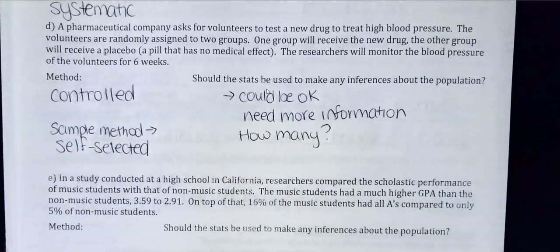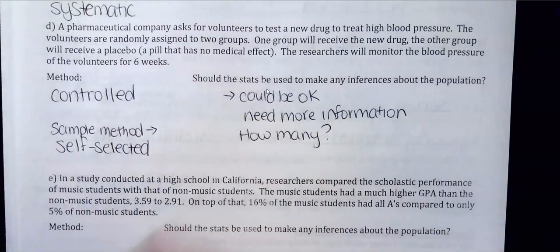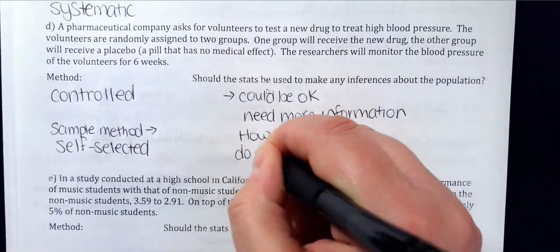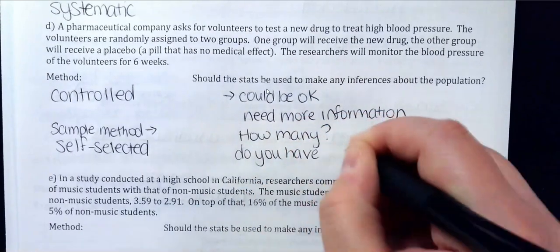What else might be something that you would want to look at if you were asking to see if a blood pressure medication would work? Like, what other factors might you want to know? Because they just tell us volunteers. They don't tell us anything. Yeah, like, are you giving this to somebody that has low blood pressure? That's probably not a good deal. Do these people have high blood pressure?